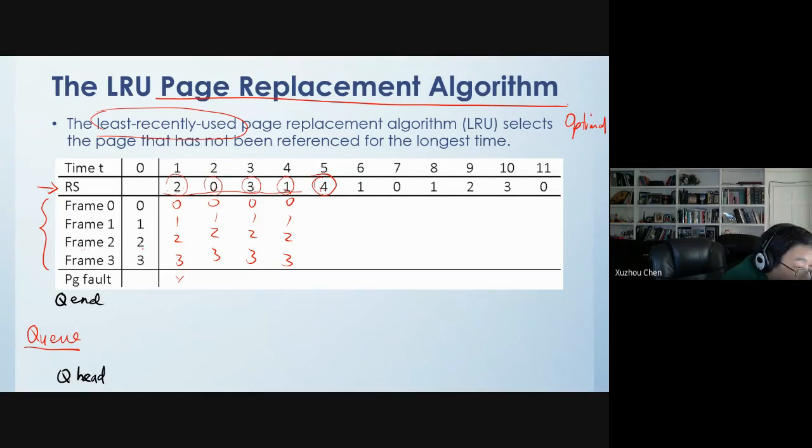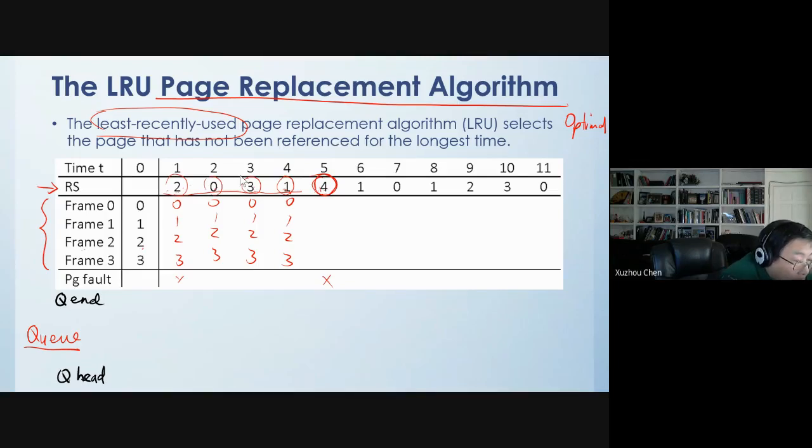Now, the next page that will be referenced is page 4. We check, and page 4 is not in the physical memory, so we have a page fault. Now, if a page fault happens and we use optimal, we're going to check each of the pages in the memory to see which one will be called first in the future.